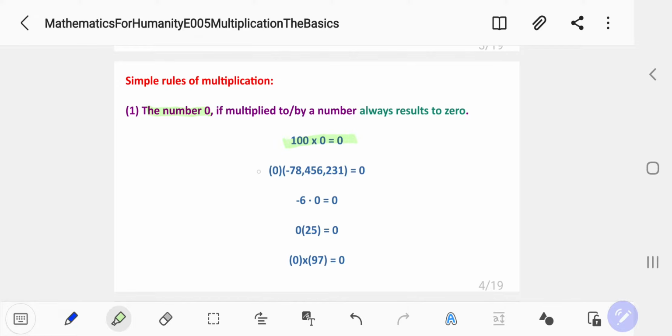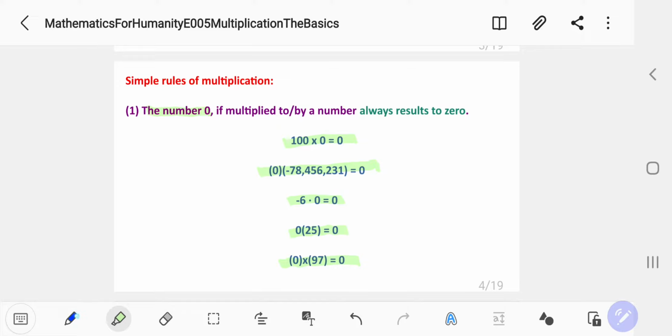And then 0 times negative 78,456,231 is still equal to 0. So it's so simple if you multiply 0, because the result is always 0. For example, negative 6 times 0 is just 0. And then you have 0 times 25 is also 0, and 0 times 97 is also 0.